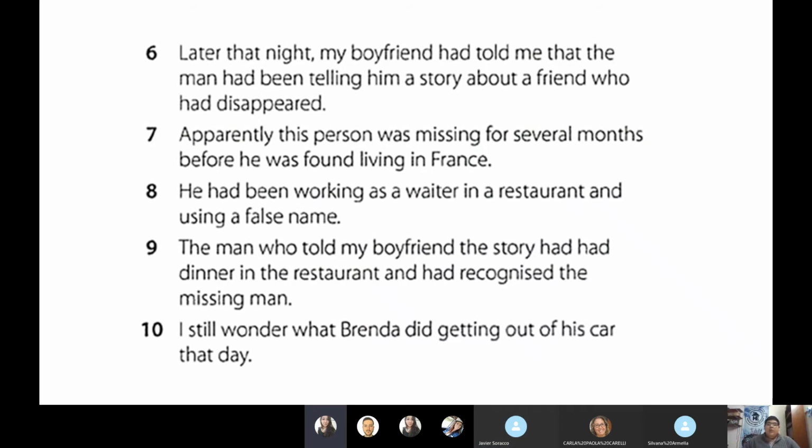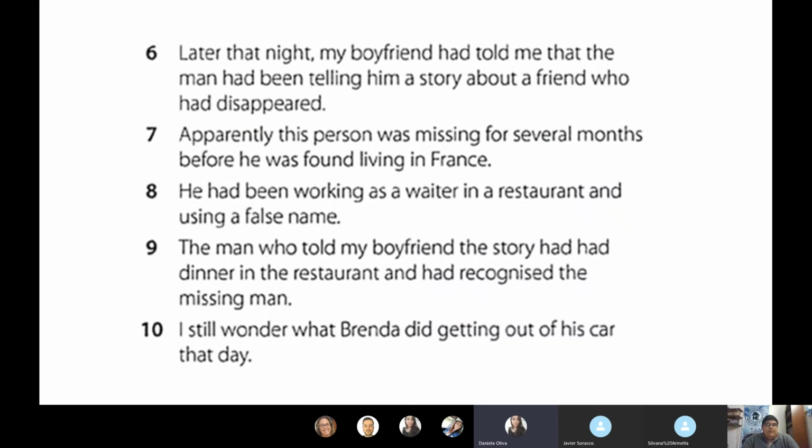And number 10: I still wonder what Brenda did getting out of his car that day. I still have been wondering.